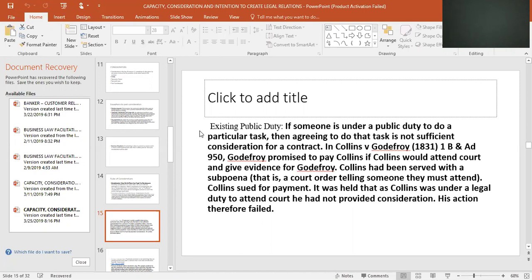Godfrey said he would not pay, because Collins had a subpoena which would by all means have made him go and give his testimony. So we cannot classify an existing public duty as a past consideration.